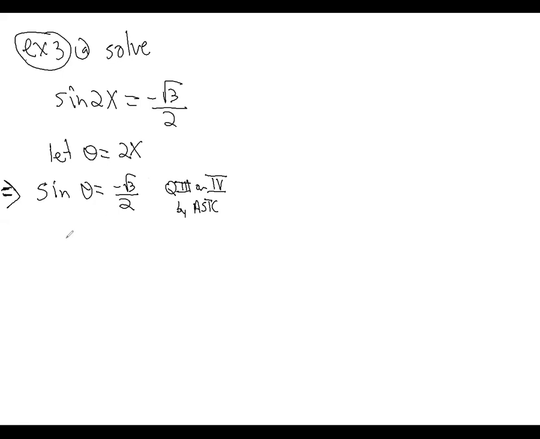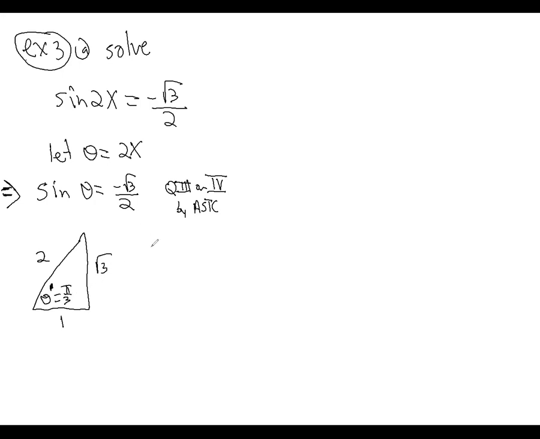Okay, so we can draw up our reference triangle. Here's our theta prime. Its opposite is square root of 3. Its hypotenuse is 2. This is our 1, 2, square root of 3 triangle again. So that says that the reference angle is pi over 3.